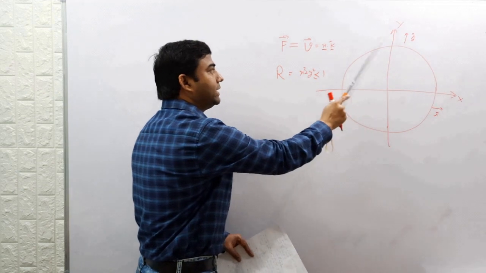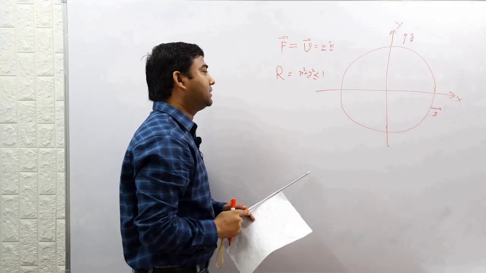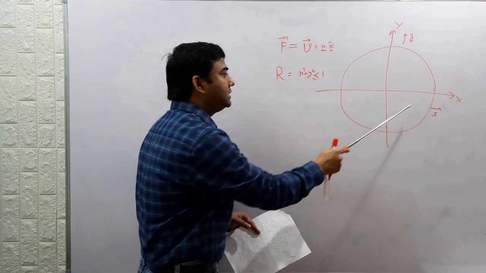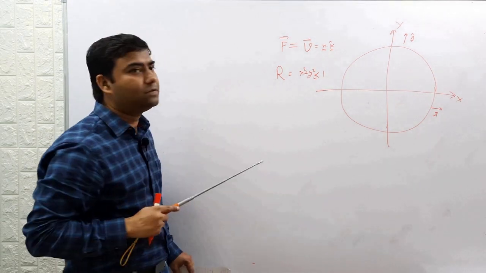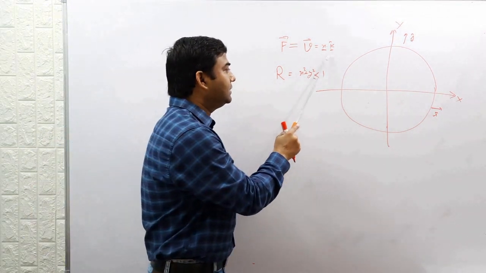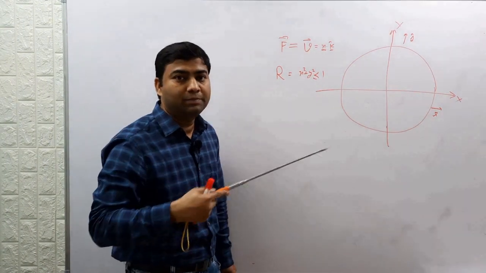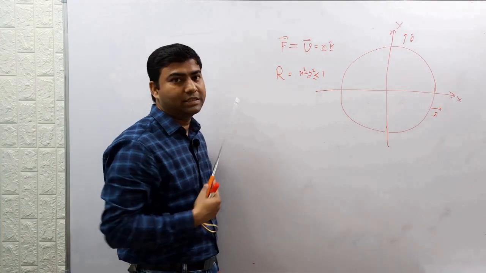This is the x-axis, this is the y-axis, and the z-axis is the vertical dimension. So v is given by x k throughout this region. Here velocity is variable, it is changing. For simplicity, we have taken a very simple function to explain the concept.